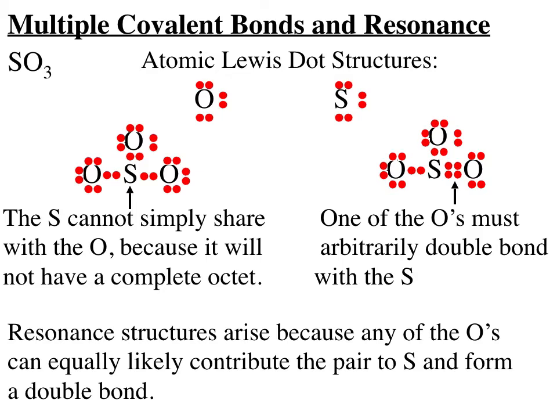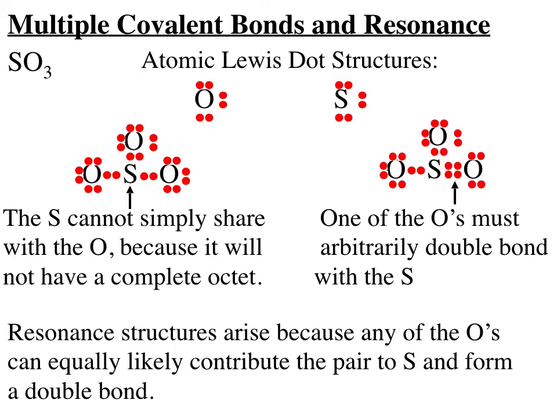What happens in nature is that this double bond literally hops around from the left O to the top O to the right O, to the left O to the top O to the right O, meaning each O has a turn kicking in the two electrons individually.